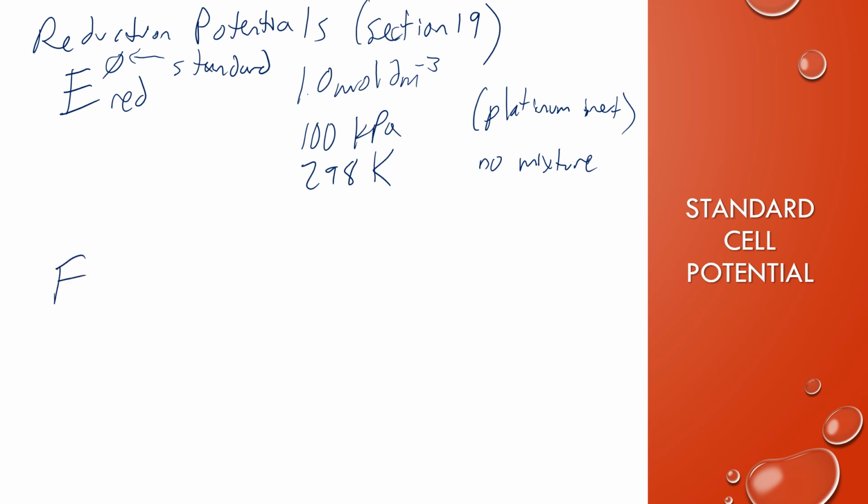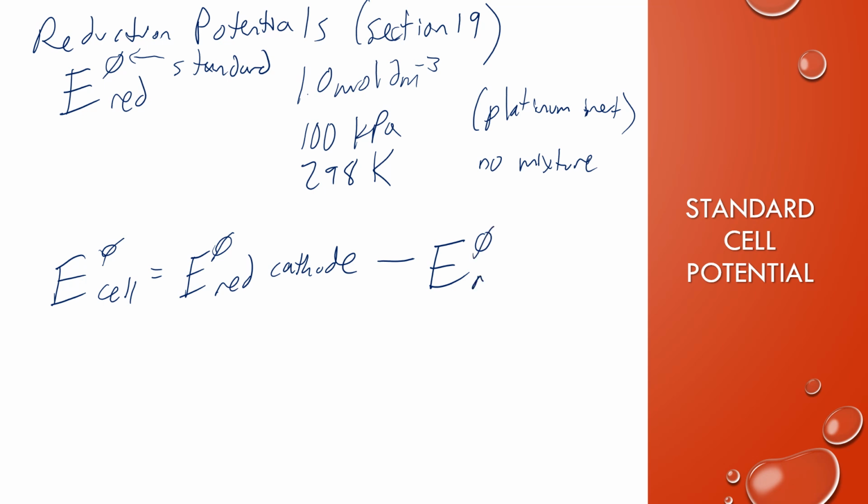The overall standard cell potential is equivalent to the standard reduction potential at the cathode minus the standard reduction potential at the anode. And remember that the reduction is happening at the cathode, so that's why this term is our positive term, because the reduction is happening just as it's written.